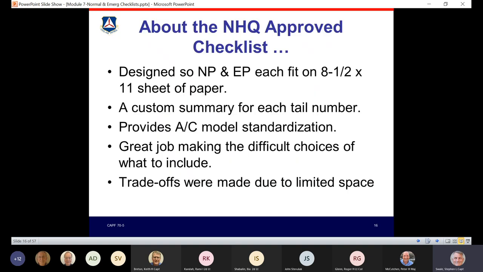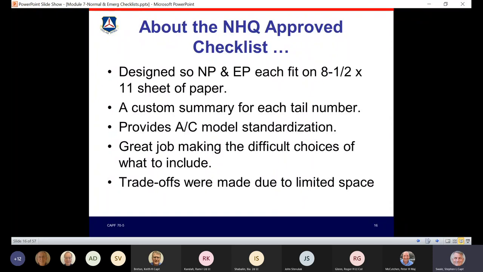But as I was researching this, I learned a little bit more about the NHQ checklists. It's a two-sided checklist if it's printed double-sided, or a two-page checklist for both NP and EP checklists if it's not. Somebody has gone through and carefully researched this checklist, and put it together by choosing what they thought was appropriate and what would fit on the checklist page.